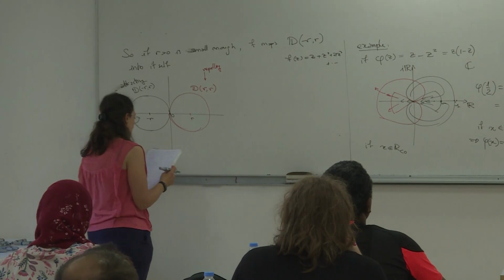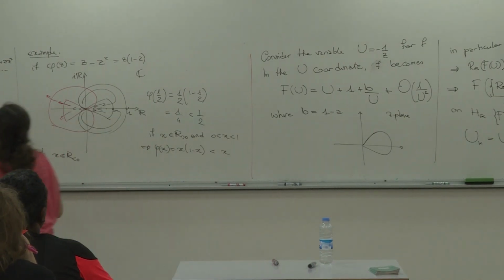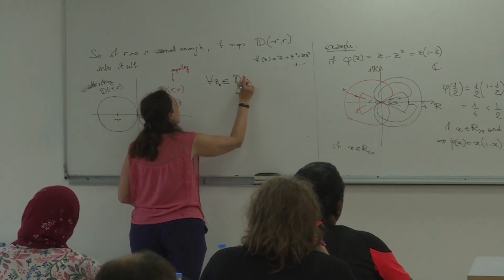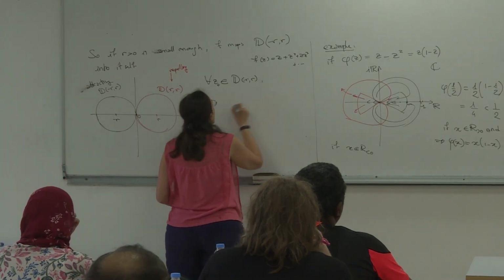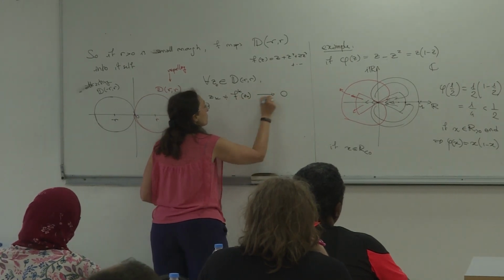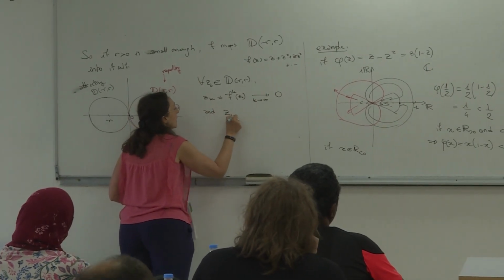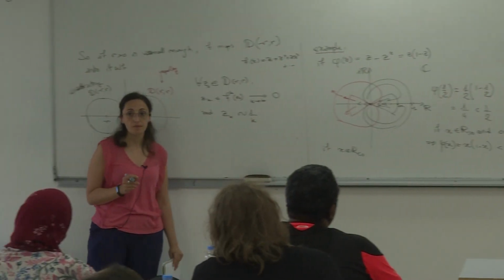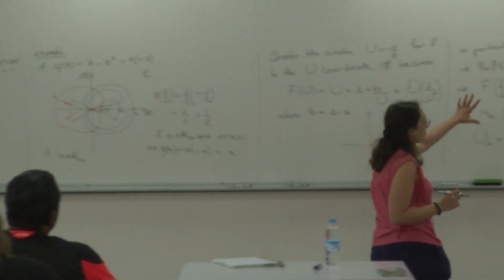And whenever you are, this is something that you can prove: for every z naught in this disk of center minus r, in this little petal in here, z_k, which is by definition the kth iterate of z naught, is going to converge to the origin as k tends to infinity, and z_k is going to behave like 1 over k. This comes from the restriction that we did here.